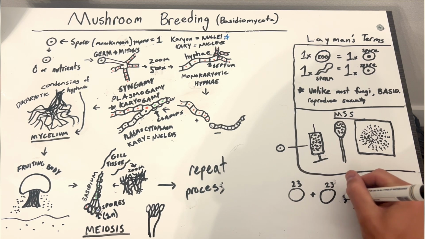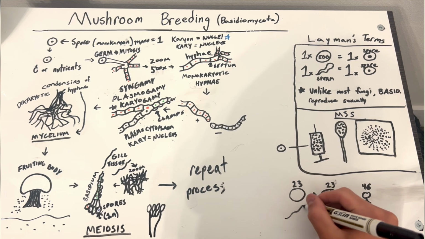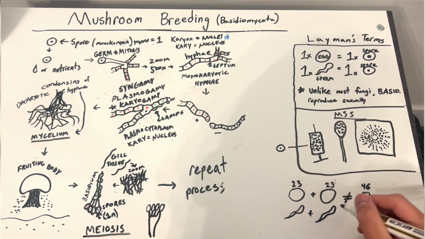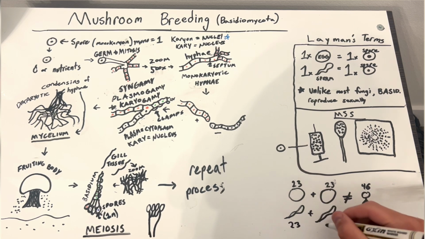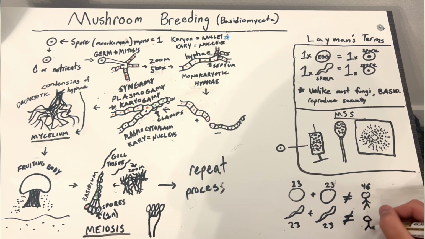Not equal. Okay. Same thing goes for a sperm. Twenty-three chromosomes does not equal a human with 46.